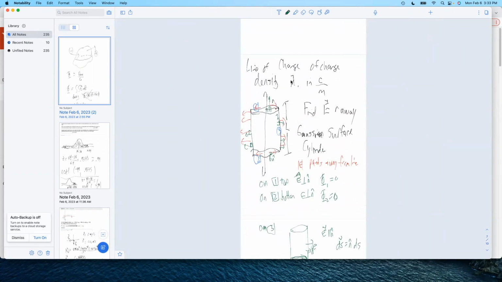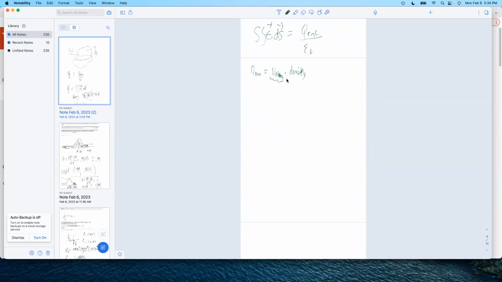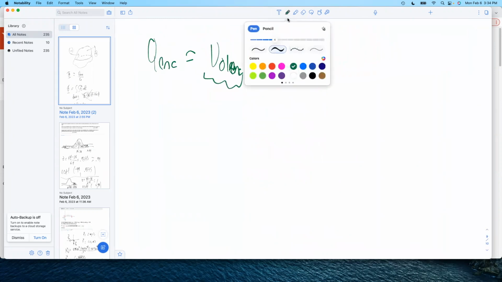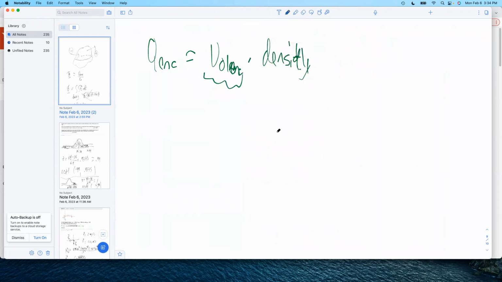Up here, our density was coulombs per meter. What do I have to multiply that by to get coulombs? That's charge per unit length, so if I multiply that by a length, I get charge. So my volume enclosed here is just a length. Let's redraw our original scenario.